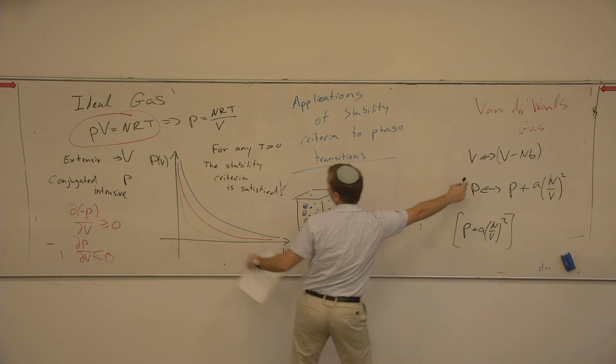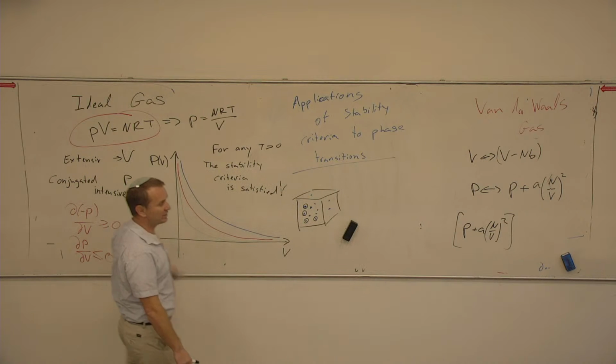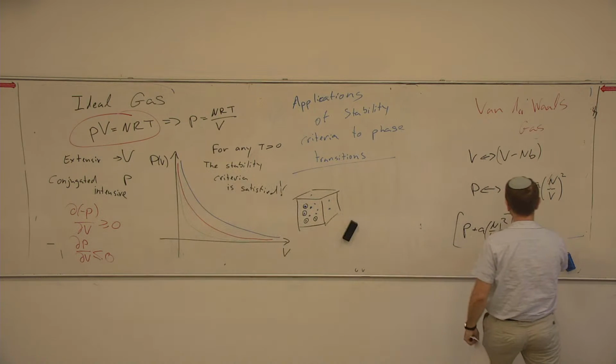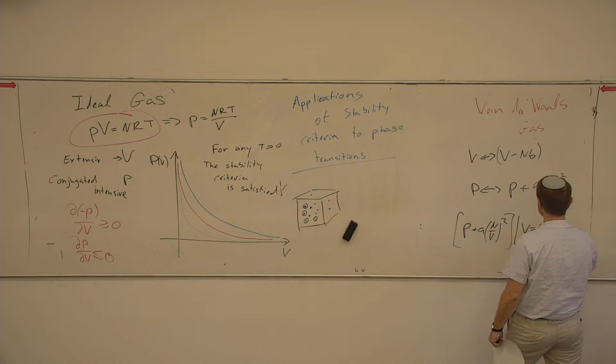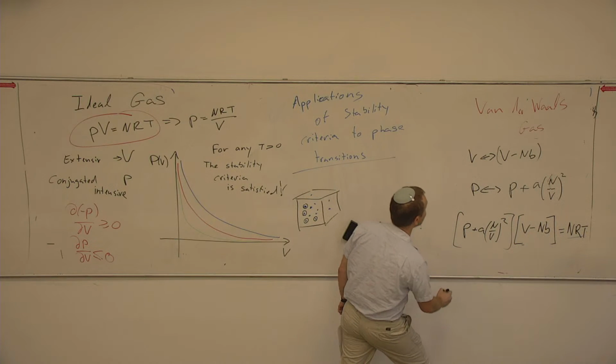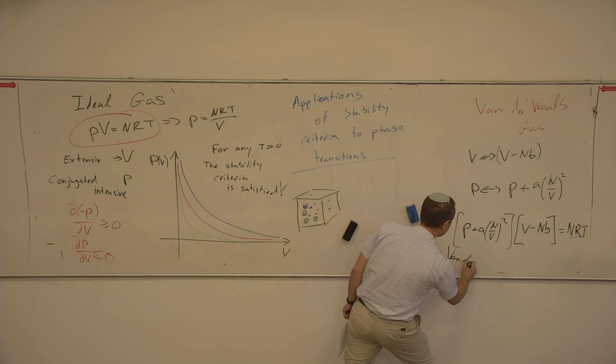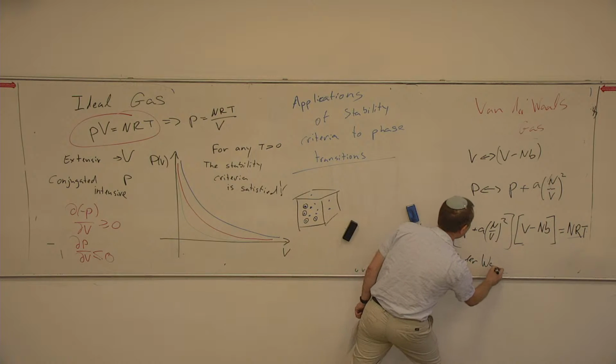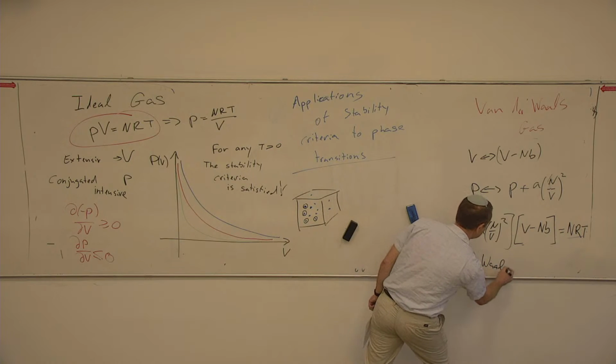Instead of taking the volume over here, we take a modified volume, which is V minus nb. Higher order terms are second order corrections, which van der Waals left out. And this equals nRT. This is called the van der Waals equation.